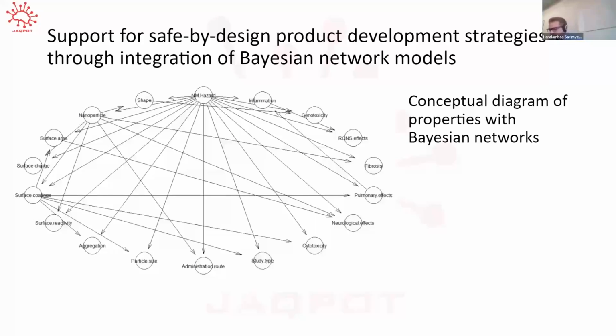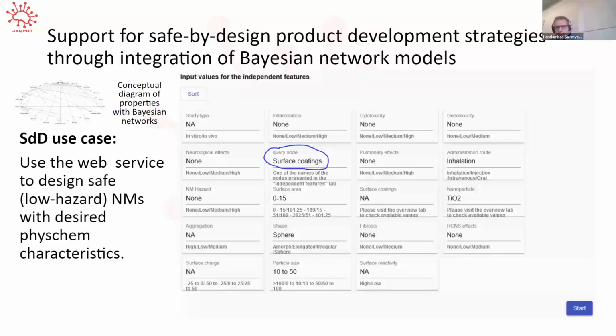A recent development in Jaqpot is the support of Bayesian network models, and this is quite important for safe by design, because we can ask questions and queries about how to design a nanoparticle so that it is safe and has low toxicological effects.